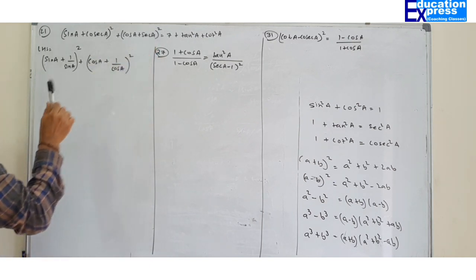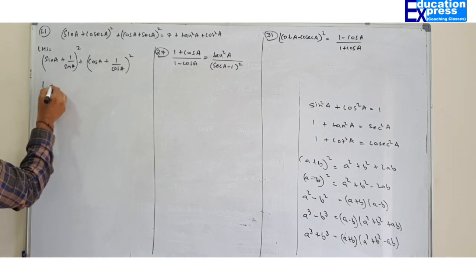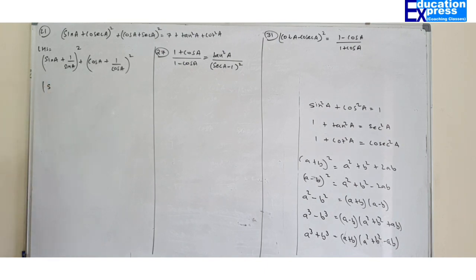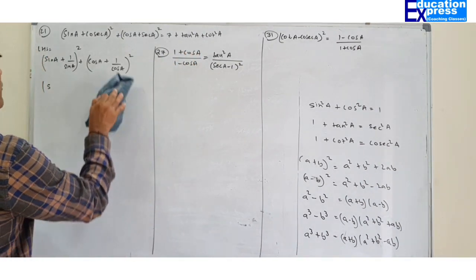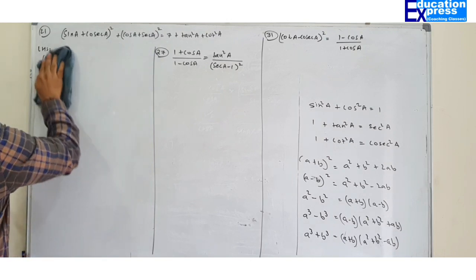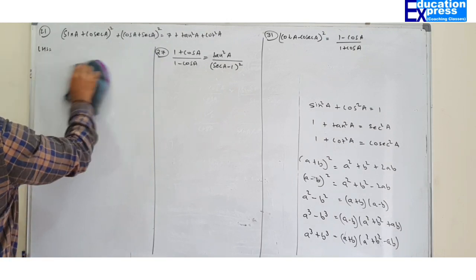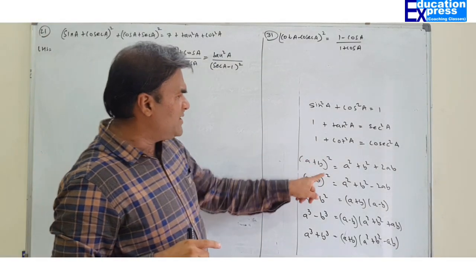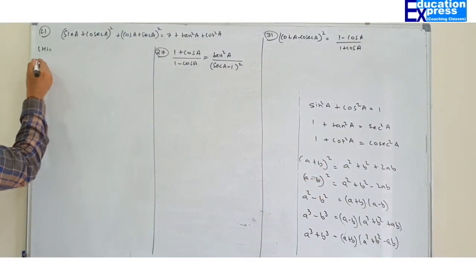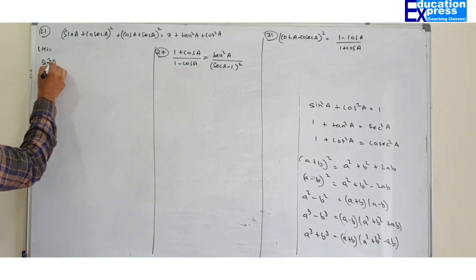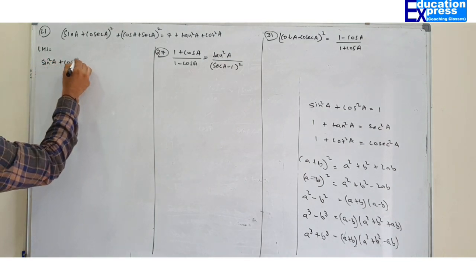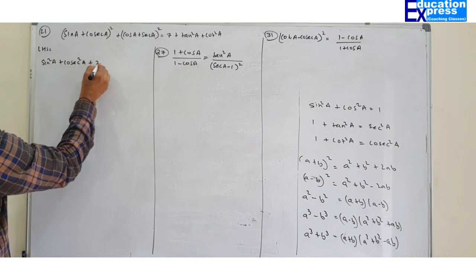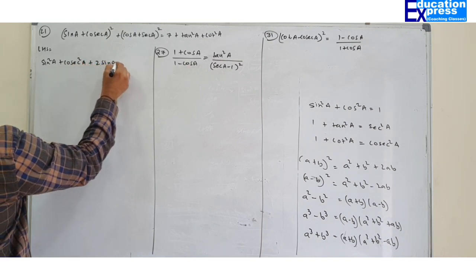Sec A can be written as 1 upon cos A. So my dear friend, if you notice, because we want tan and cot, the simplest way in my opinion would be, instead of doing this way, which will prolong my answer, as we know a plus b the whole square is available, you can directly apply. Sir, a square plus b square plus 2ab.